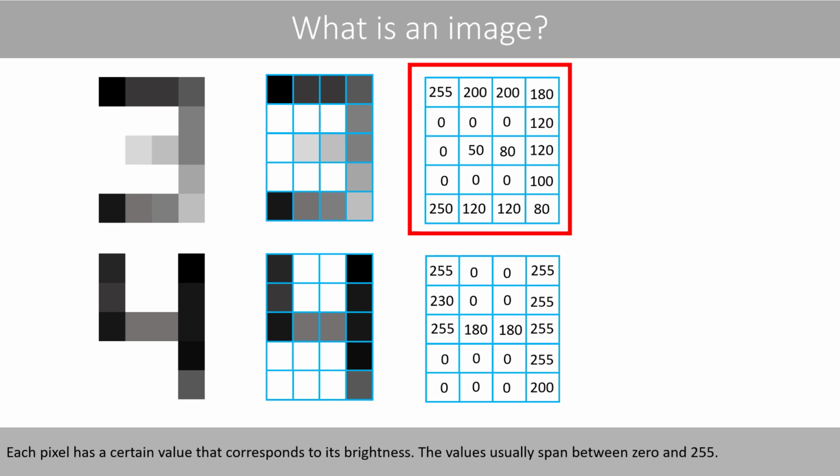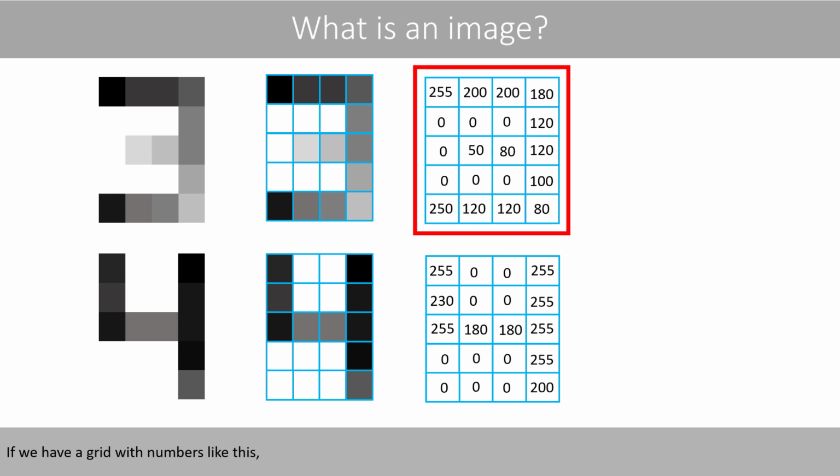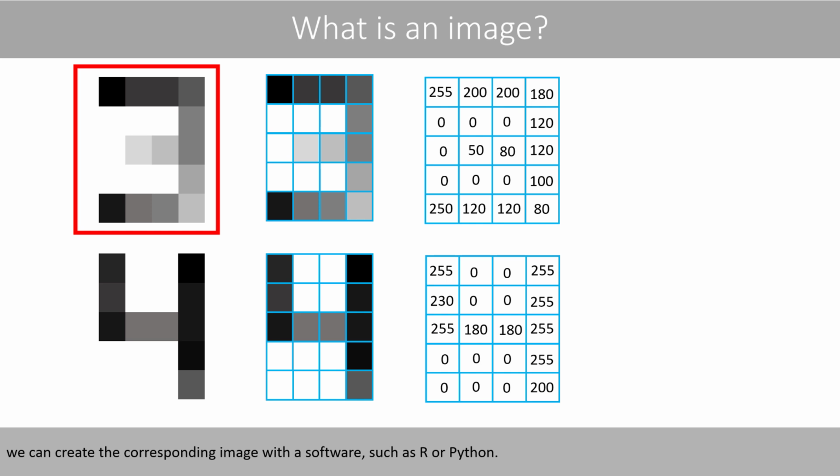The values usually span between 0 and 255. In this example, high numbers represent a black color, whereas low numbers represent a gray color, and the white background is represented by zeros. If you have a grid with numbers like this, we can create the corresponding image with a software, such as R or Python.